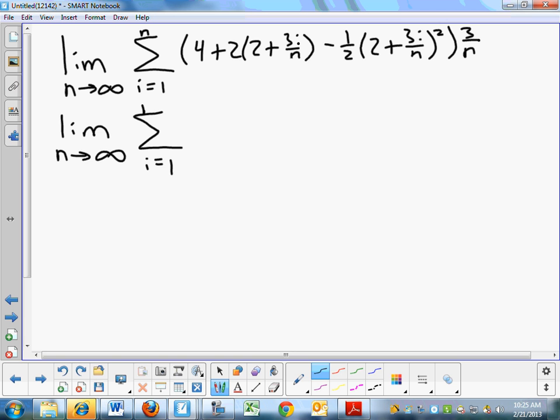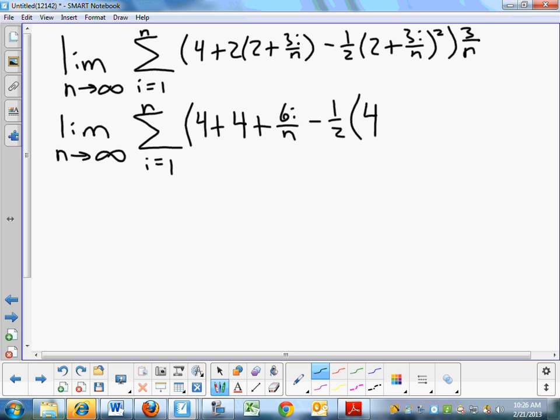We got the sum from i equals 1 to n of 4 plus 6i over n minus 1/2 times, looks like I should square that inside, right? So I have to FOIL that. 2 squared is 4.